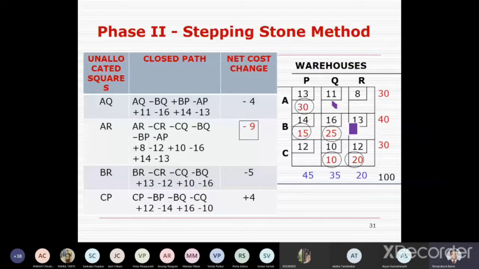So at AQ there are three choices. I can go right, but there is no allocated cell. I can go down, where I have an allocated cell, and if I go further down, there I also have an allocated cell. But if I move left or right, I cannot make a closed path from an allocated cell.